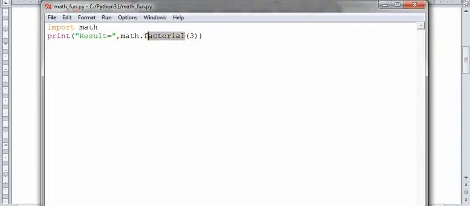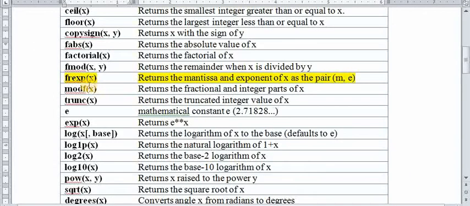Now let's move to the next function, that is the fmod function. fmod returns the modulus. As you use the modulus operator, this is the function of the fmod function also. The modulus operator and the fmod function are similar. Here x is the dividend and y is the divisor.